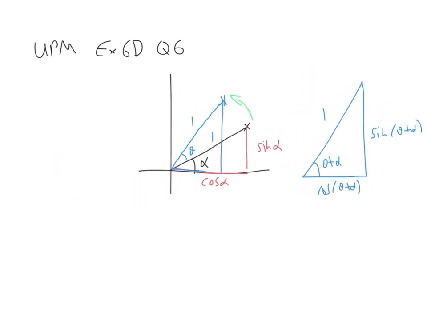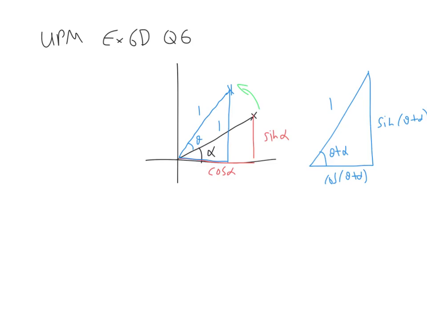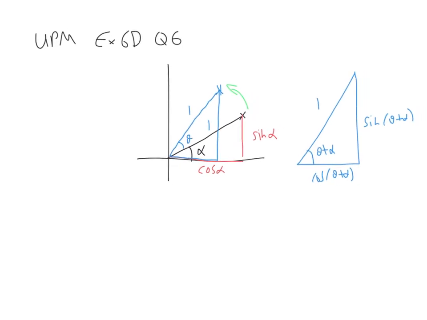So that's our answer. But we know actually we should get that answer if we take the object point and we rotate it using the matrix that's given in the question. We should get to there. So what are we saying?